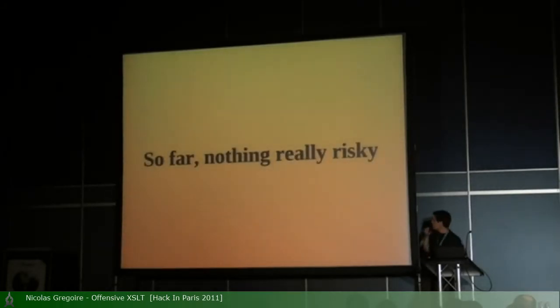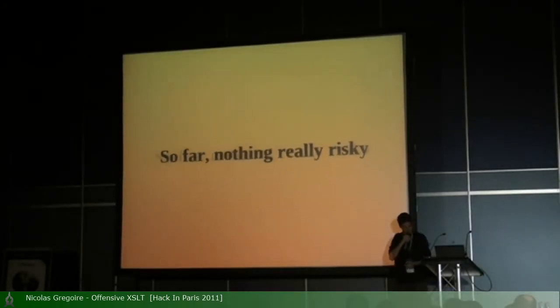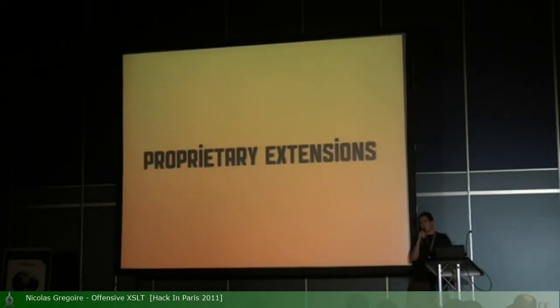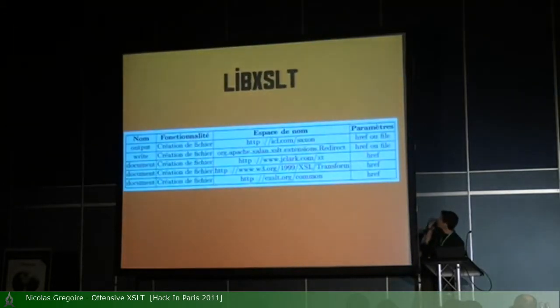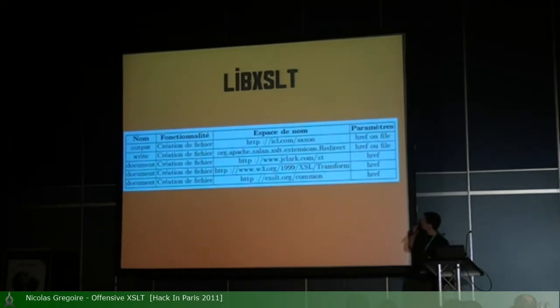Okay, so far we have nothing very important. So we need to look at proprietary extensions. And here there are some interesting things. Like for libxslt, you can create files. Oops, there is some French. So you have several namespaces and several method names with different parameters, and each one can create a file.